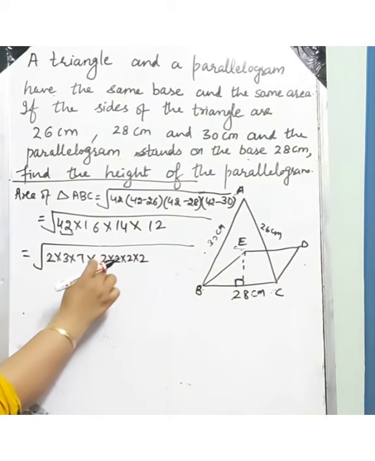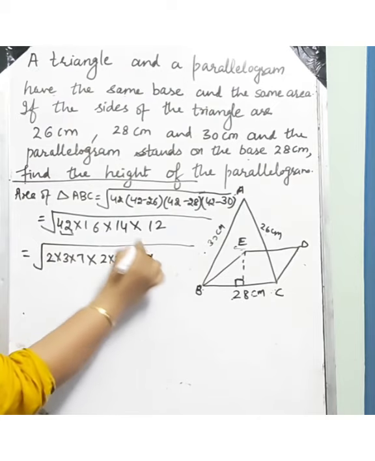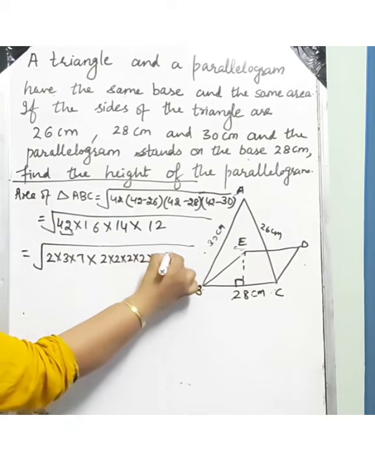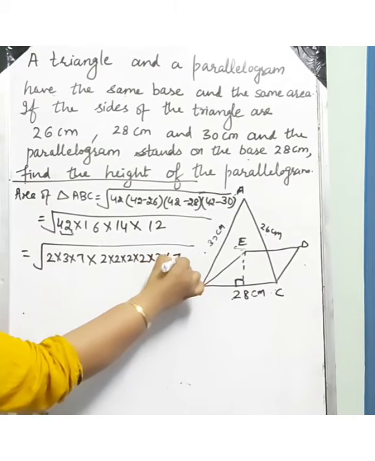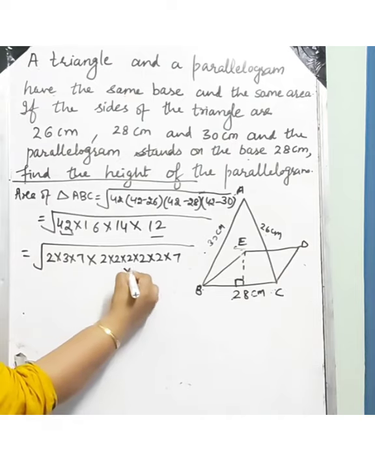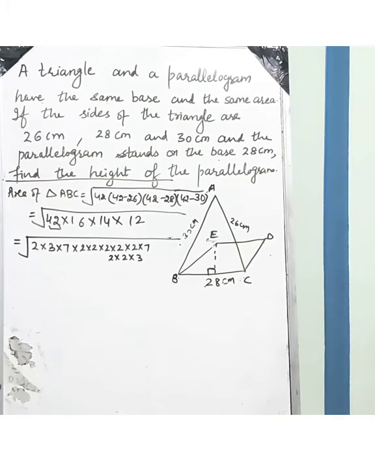Prime factors of 16 are 2 into 2 into 2 into 2. Now do the prime factors of 14. Prime factors of 14 are 2 into 7. And next step, do the prime factors of 12. Prime factors of 12 are 2 into 2 into 3.